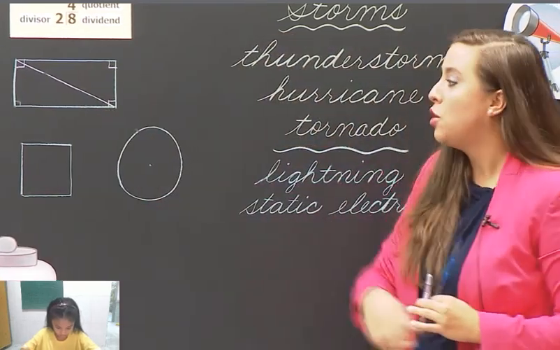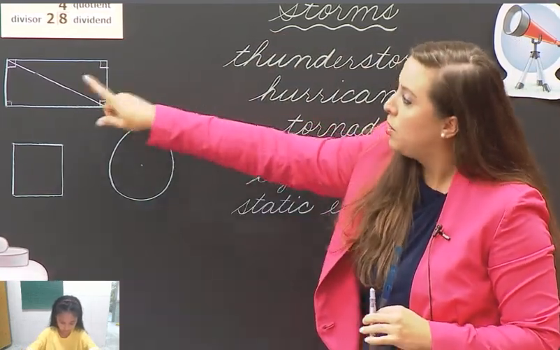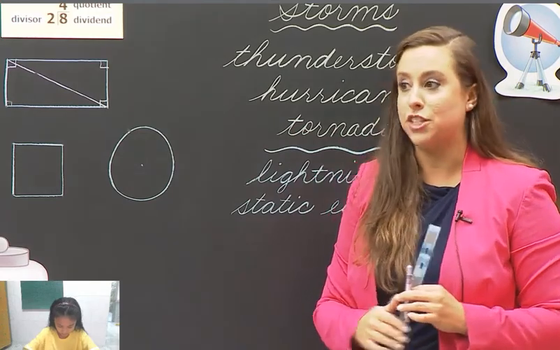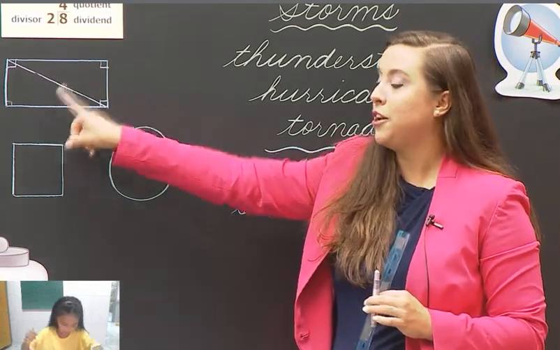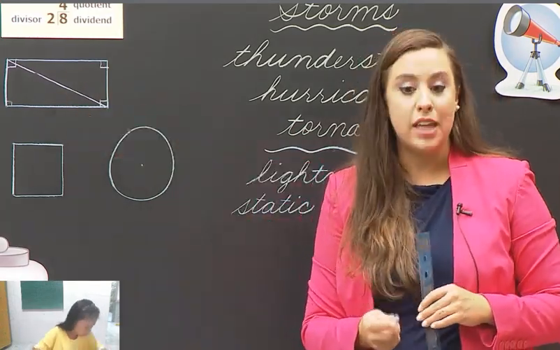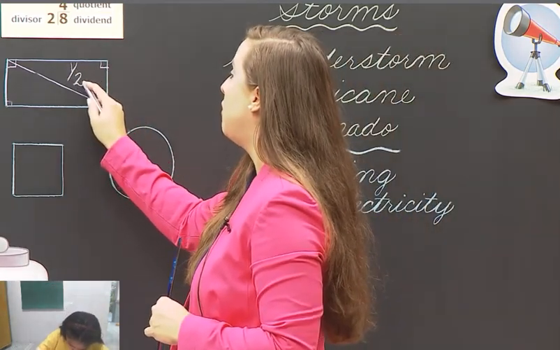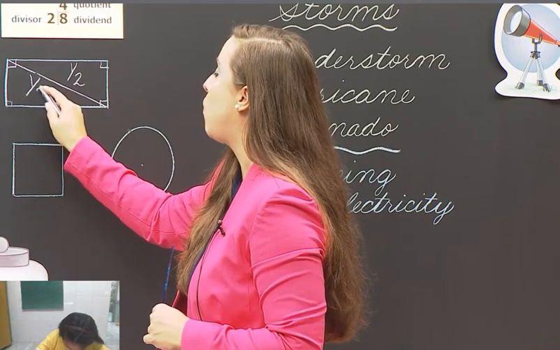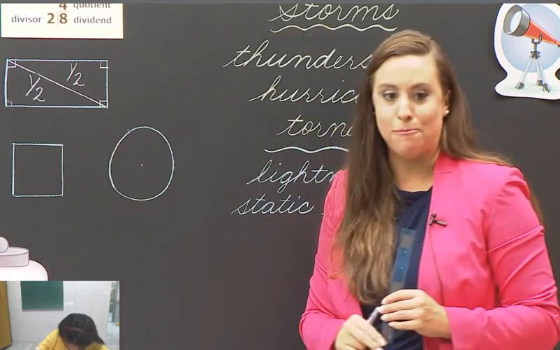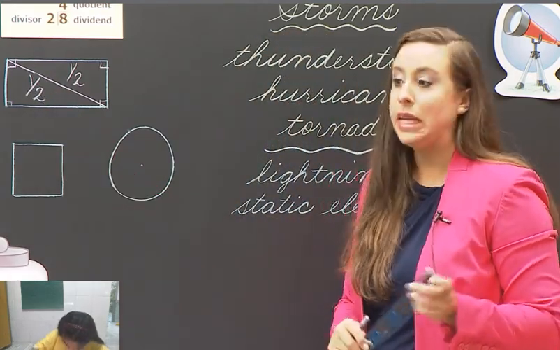So it should look similar to this, where you divided your shape from the first vertex to the third vertex. Here's 1/2, here's 1/2. Now we're going to label each part. So the first part is 1/2 of the whole. This part is 1/2 of the whole as well.